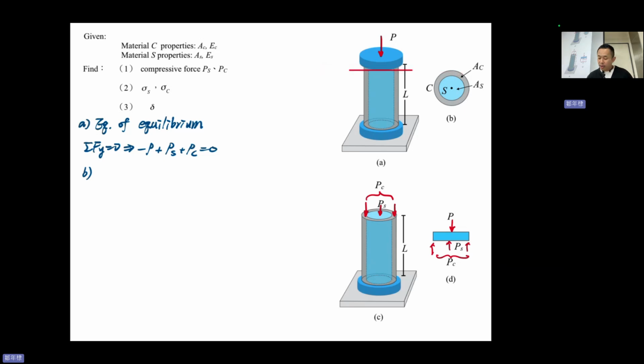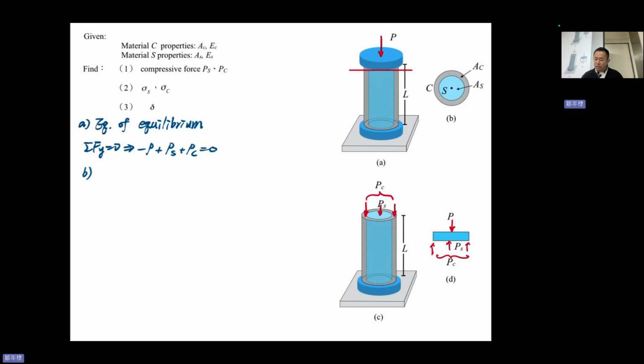And then I can either leave the upper part or leave the bottom part. So here I am leaving the upper part. If I leave the upper part, P goes downward, which means that the C and S must resist the P. So PC is up, PS is up, no problem.